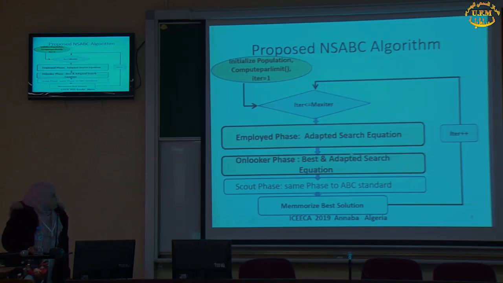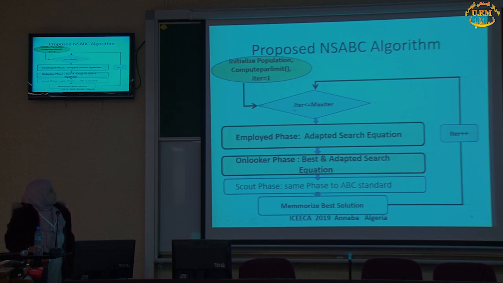The proposed algorithm starts by random initialization of the population, which are the candidate solutions. We compute the number of features to be modified. This is the first modification in comparison with the standard artificial bee colony. In this step, we increase the number of features to modify to enhance the level of exploitation.